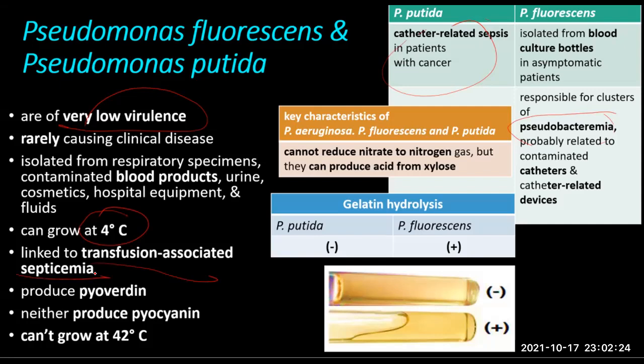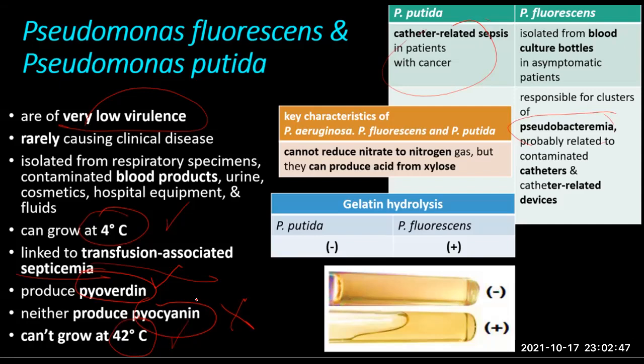And both produce pyoverdin, the green pigment, but neither produces pyocyanin. They cannot grow at 42 degrees Celsius. They love the cold, but at higher temperatures they cannot grow.